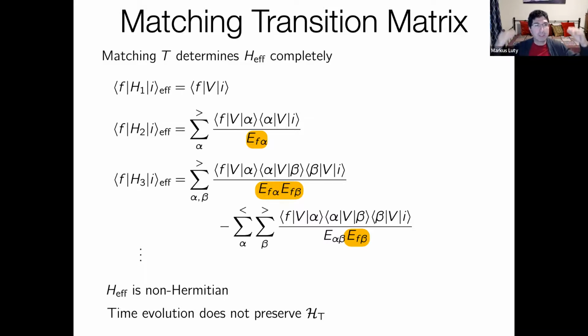The truncated Hilbert space is made of eigenstates of H naught, but time evolution proceeds with H. So there will be some leakage in and out of this effective space. I think it is a feature, not a bug, that this Hamiltonian is non-Hermitian. At leading order, it's Hermitian, right?